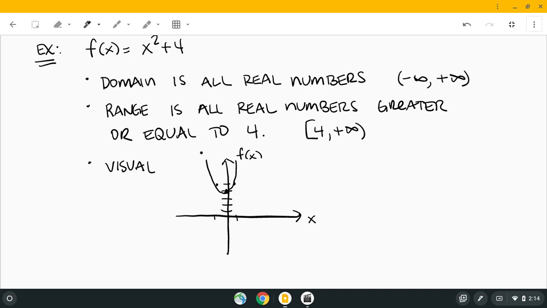All of these y values map somewhere onto that graph, and it goes up higher and higher. So here the range is 4 to infinity, because the y values below 4 are not being used. Okay.